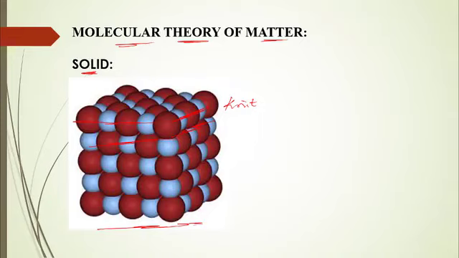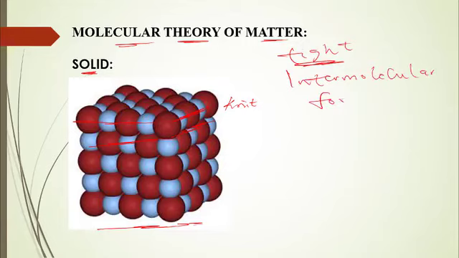Solids consist of molecules that are held tightly together. Tight is the keyword. They are held tightly together by what we call intermolecular forces. Now, these intermolecular forces are forces of attraction that help to hold molecules of an element together.